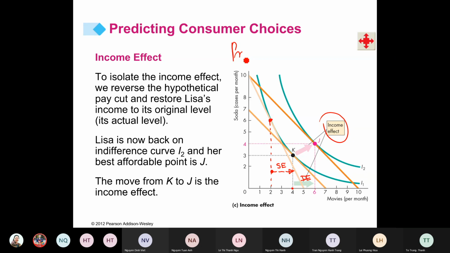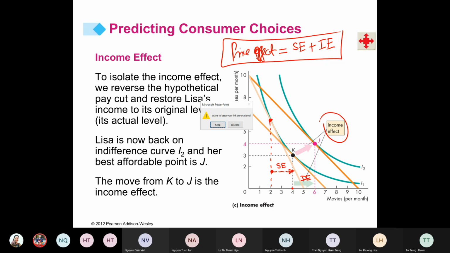The price effect can finally be separated into the substitution effect and the income effect. That is the final part of this lecture.